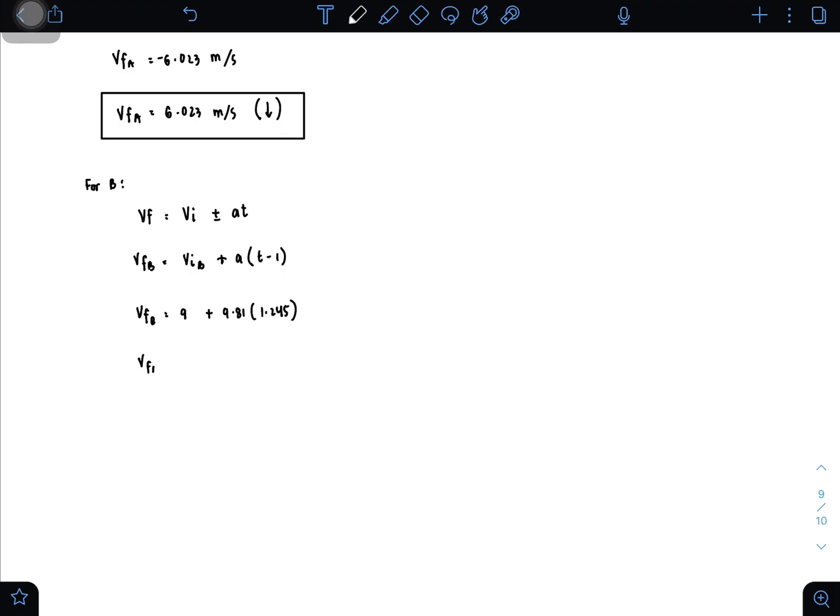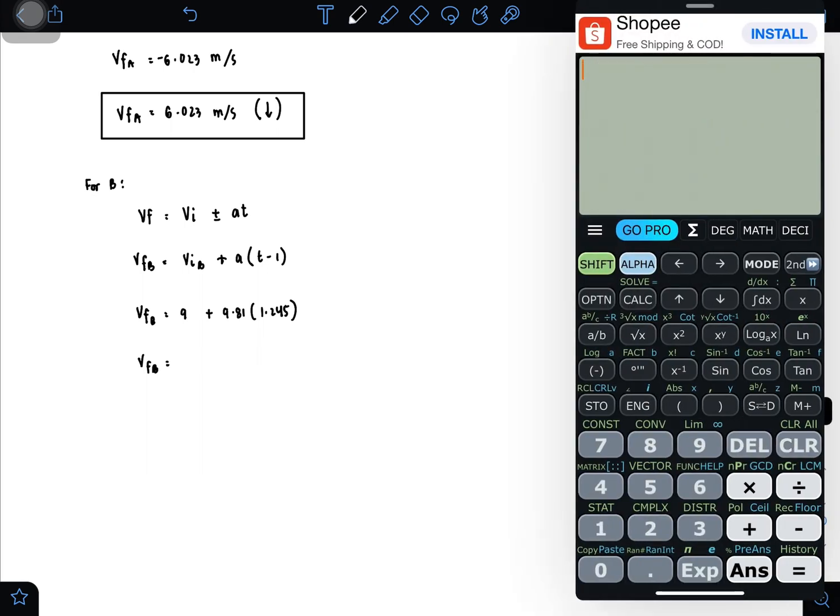So VFB now is 9 plus 9.81 times 1.245. So that's 21.2134 meter per second.